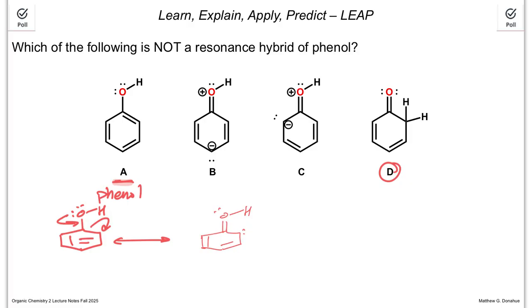So now, because the oxygen and the ring carbon don't have the normal bonding pattern, we're going to assign a plus and a minus. We have another system that we can show resonance for. And then one final hybrid.